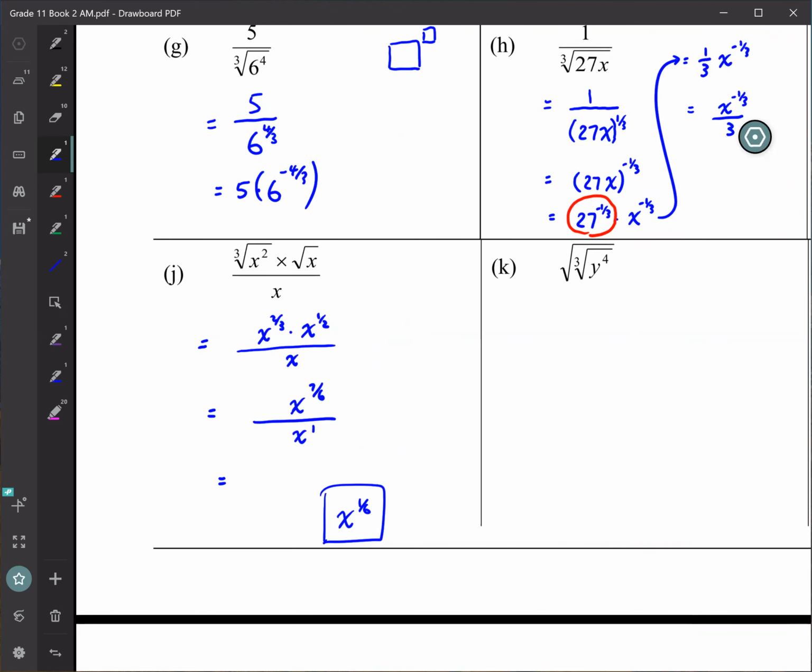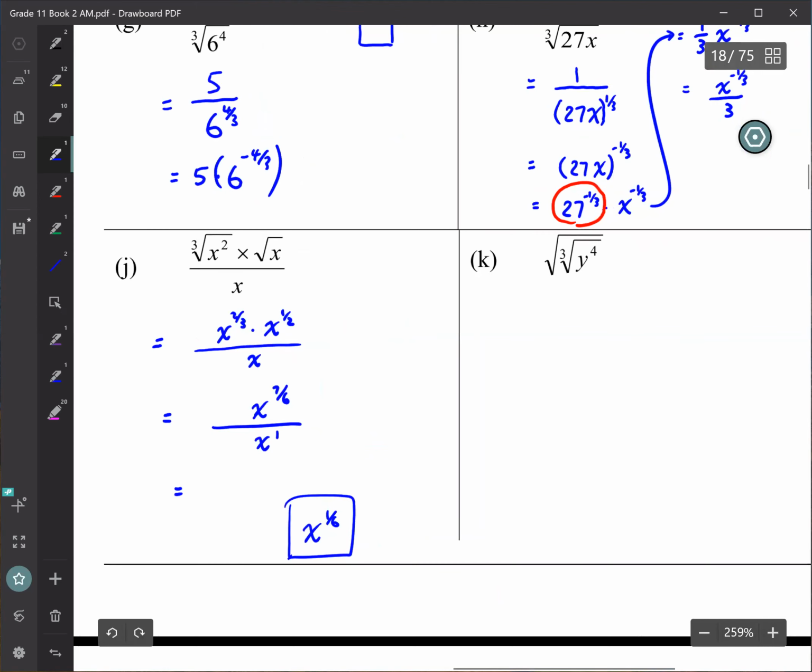Okay, question K. Same thing, we'll start with changing all the radicals into exponents. There are two layers of radicals. I'll use different colors. You have the red one on the outside, and then a cube root on the inside. You can change both of them at the same time. Then you will get two layers of exponents.